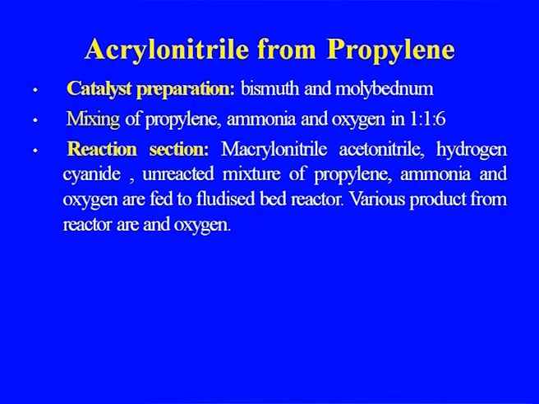The various stages involved: first is the catalyst preparation, a bismuth and molybdenum catalyst, then mixing of the propylene, ammonia and oxygen in this ratio along with the catalyst. Then the reaction vessel, where the unreacted mixture of propylene, ammonia and oxygen is fed to the fluidized bed reactor.